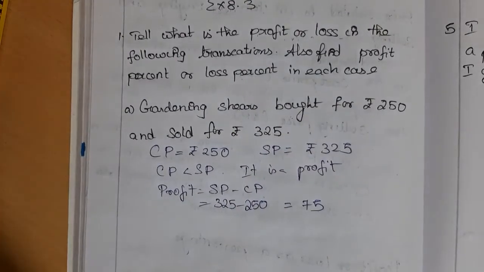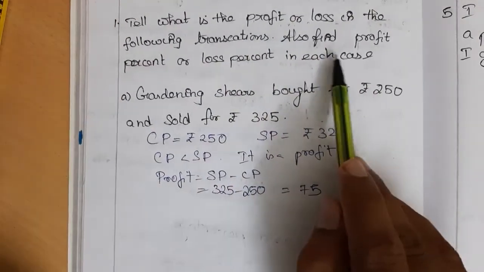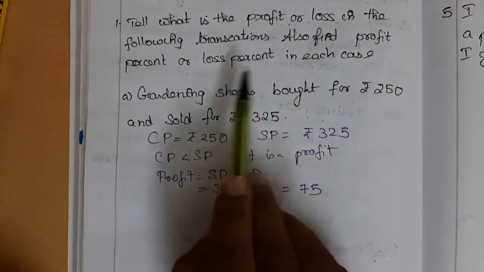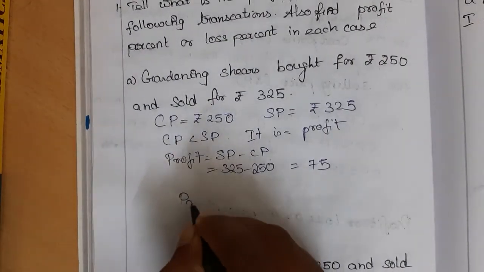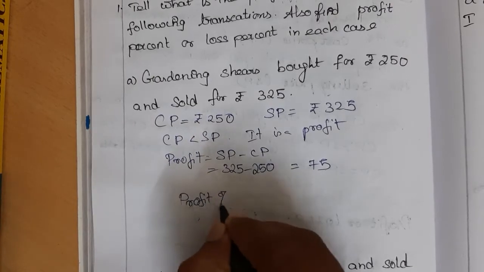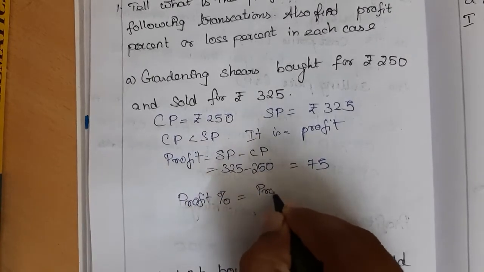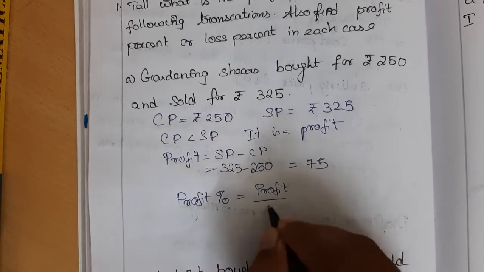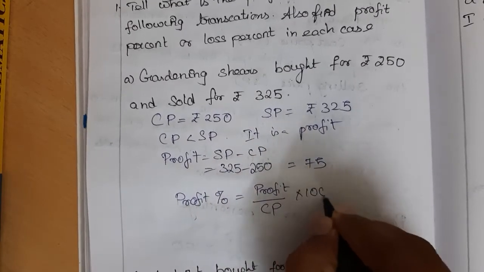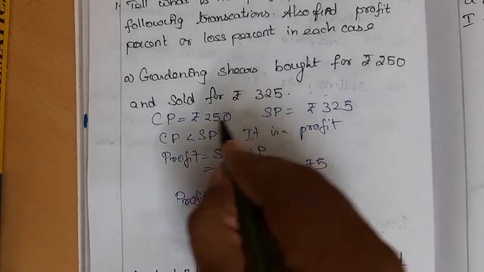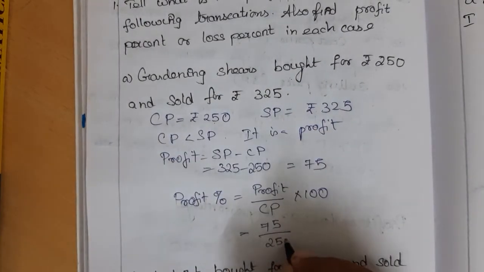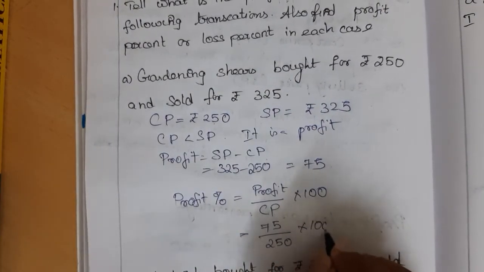So profit is 75, and they said also find the profit percent or loss percent in each case. Profit percent is equal to profit by CP into 100. Profit is 75 by the cost price 250 into 100.